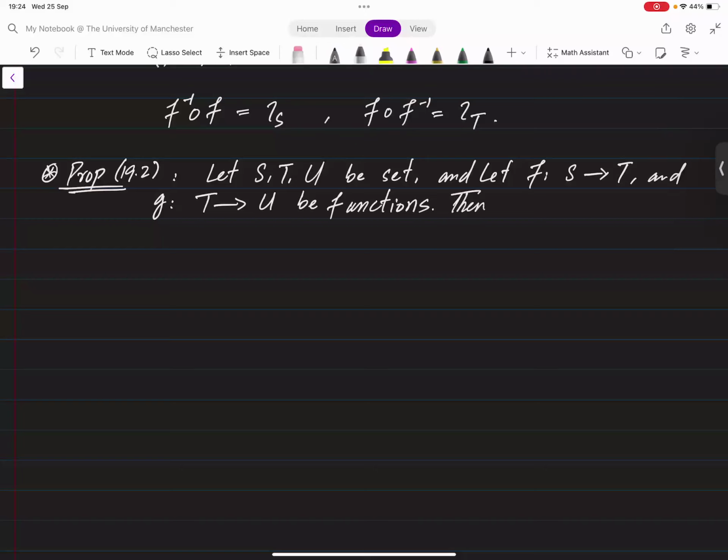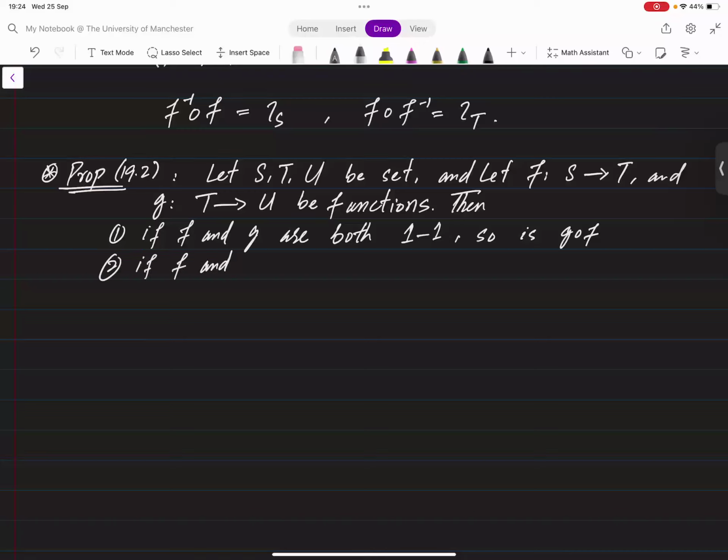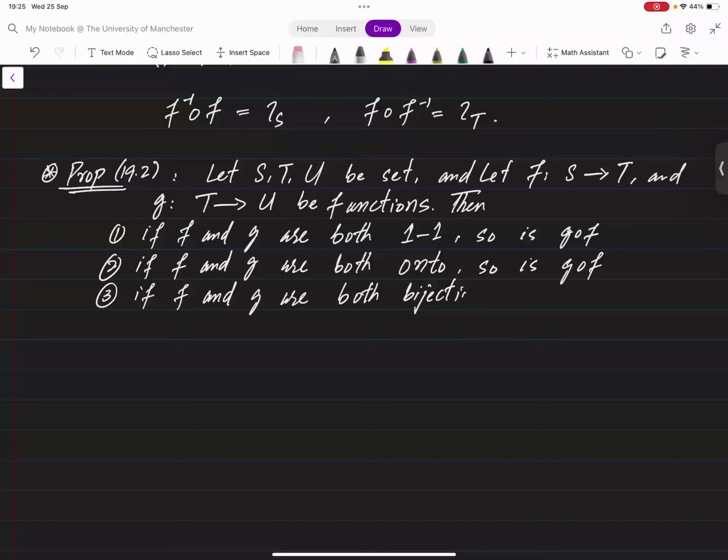Then 1: if f and g are both 1 to 1, so is g of f. 2: if f and g are both onto, so is g of f. 3: if f and g are both bijections, so is g of f. Perfect. You can prove this.